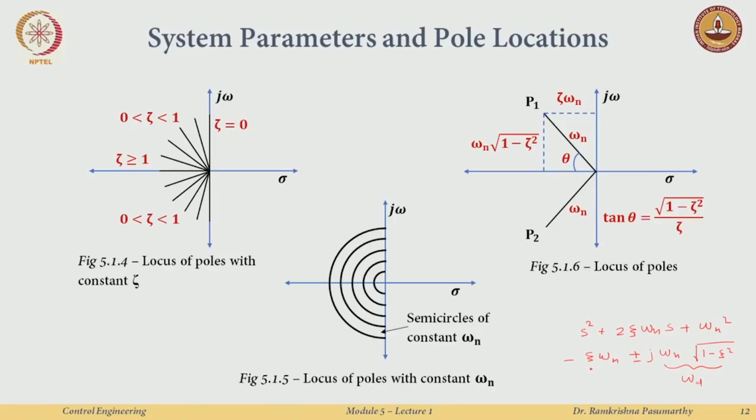This is the real part here. If I take a complex conjugate pair, P1 and P2, the real part would be at minus zeta omega n, and this distance would be omega d. Omega d is omega n square root 1 minus zeta square. This is a right angle triangle, and I could say that omega n is just the square root of this guy plus this guy, from the Pythagoras theorem.